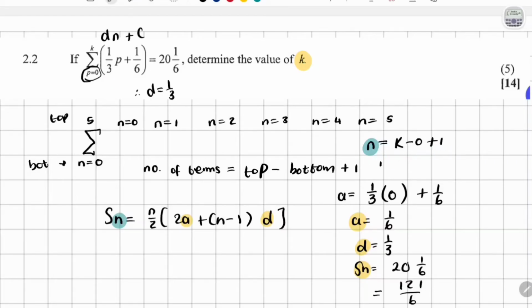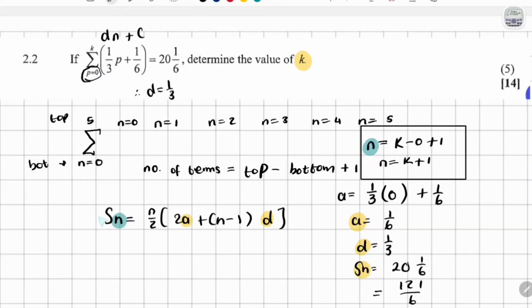So the number of terms specifically is k plus 1. It's not just k. I'm going to keep that on the side, and it's going to be useful at the end to find the value of k. Let's just be careful. This n means the number of terms, but k is just telling us where we're ending.